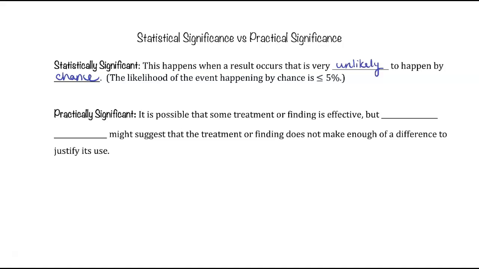In contrast, practically significant is something different. It is possible that some treatment or finding is effective, but common sense might suggest that the treatment or finding does not make enough of a difference to justify its use. Let's look at an example to see the difference between these two.